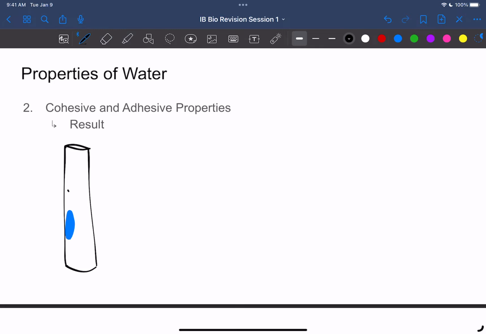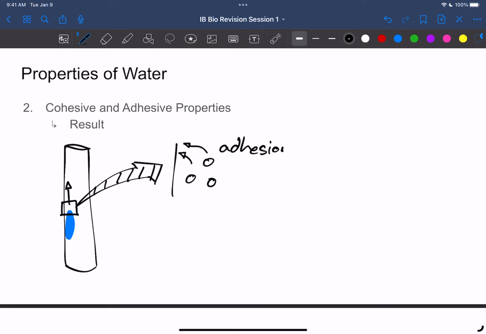And it's going to move up. So what causes it to climb? Well, in order for it to climb, these water molecules are going to stick to the surface. So this is called adhesion.